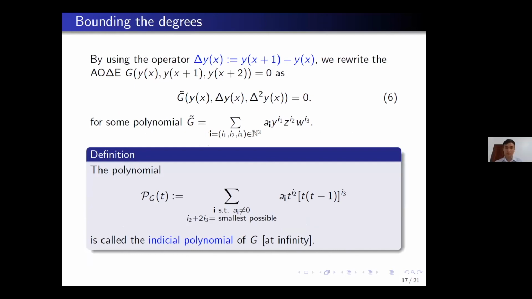I sub 1 doesn't appear. So why is that? Why is the power of Y1, Y rather, the first variable in your Y, Z, W, why is that unimportant at all, after you change the difference operator to capital delta?